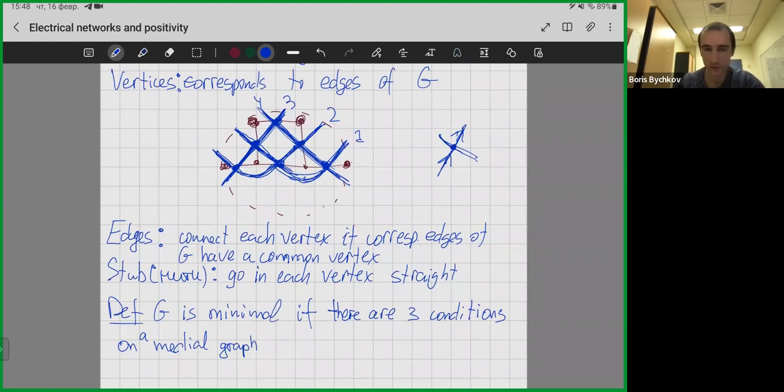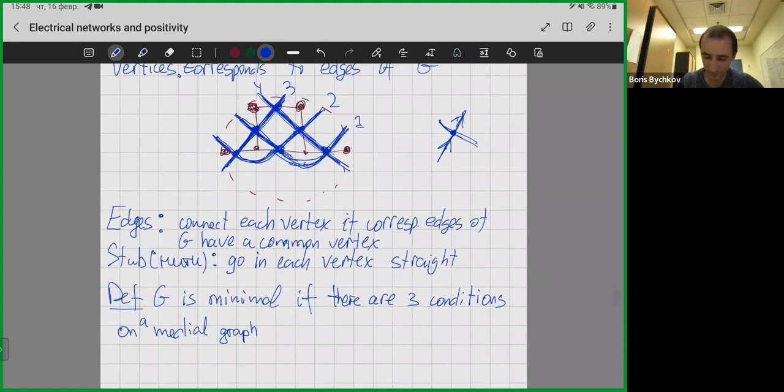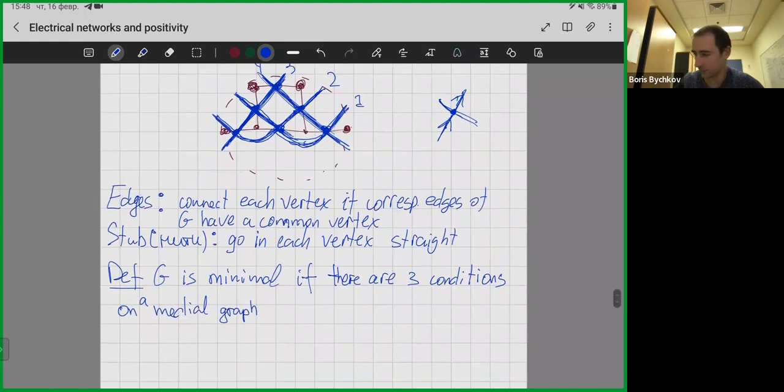So the network is called minimal if the stubs of the medial graph don't have cycles. So no cycles.